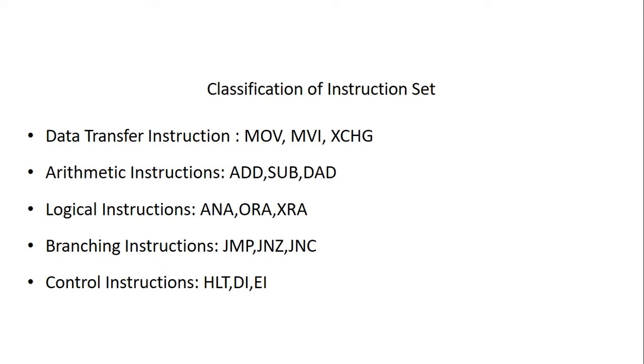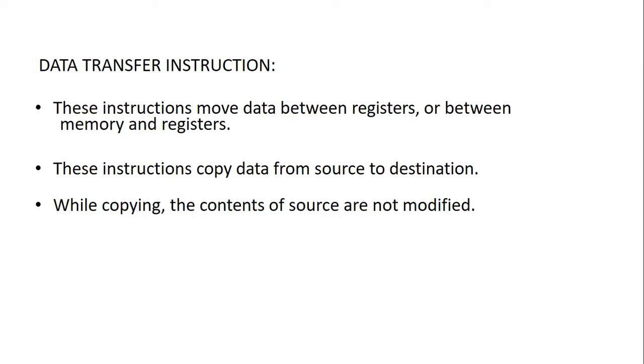So we'll start with the first, data transfer instructions. Data transfer instructions are used to move data from one location to another, or from a source to a destination. Data can be moved between registers, between memory locations, or between a memory location and a register.